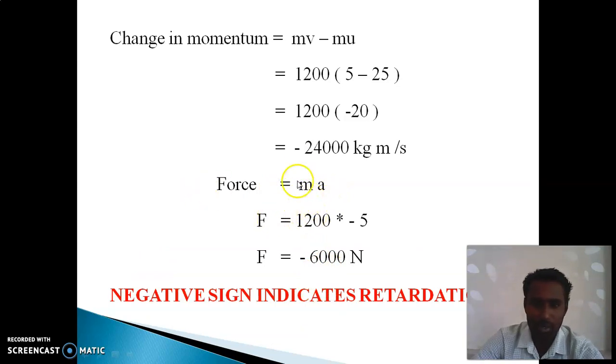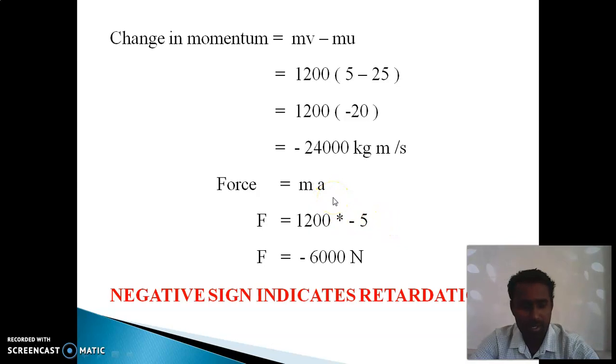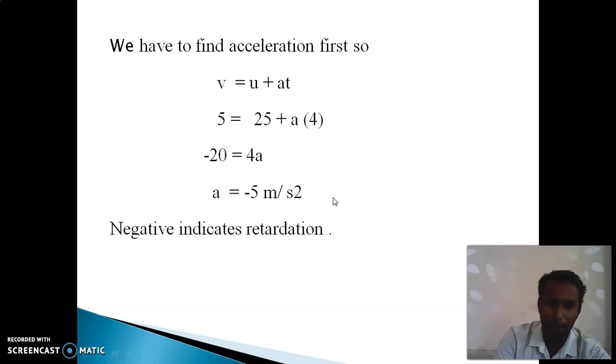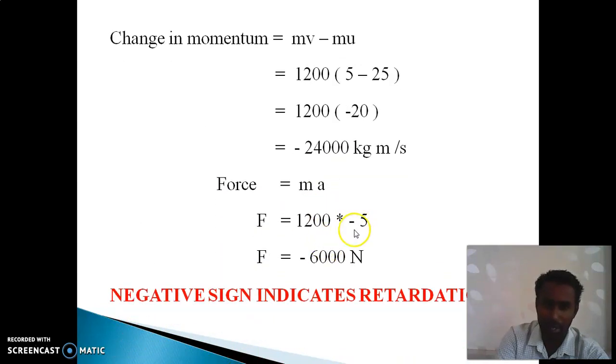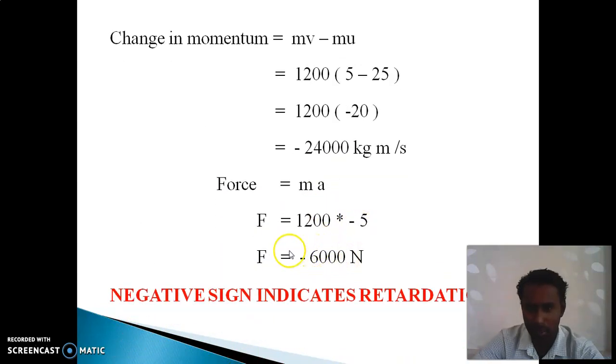Here mass is 1200 and acceleration is minus 5 meter per second squared from our previous step. So 1200 into minus 5, F equal to minus 6000 Newton. This minus indicates the retardation, otherwise the force is exerted opposite to the movement. That is why the minus came here.